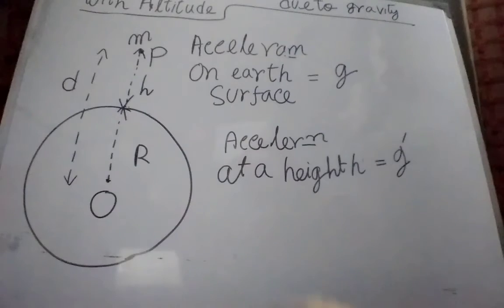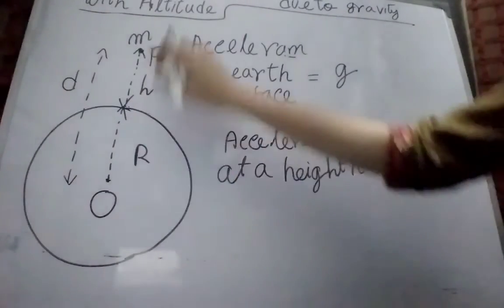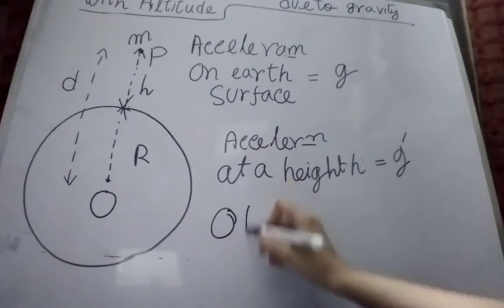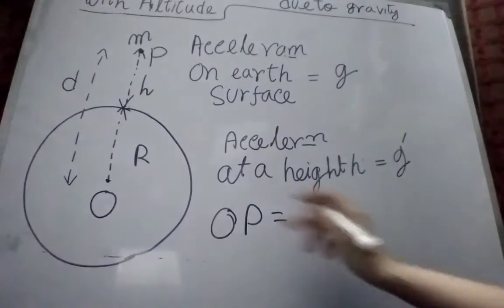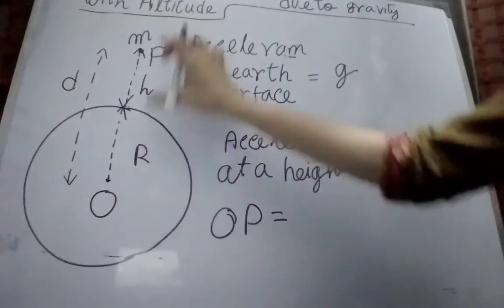And we can say that the distance OP equals the radius of the earth plus the height, that is, R plus h.